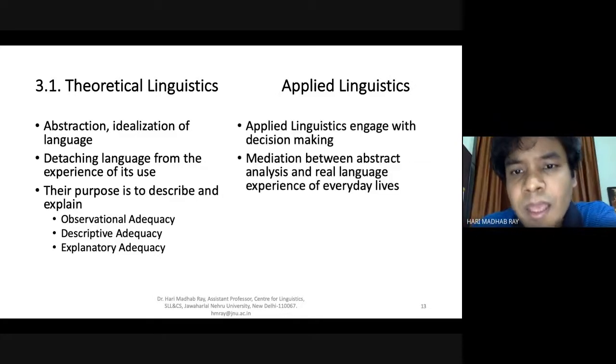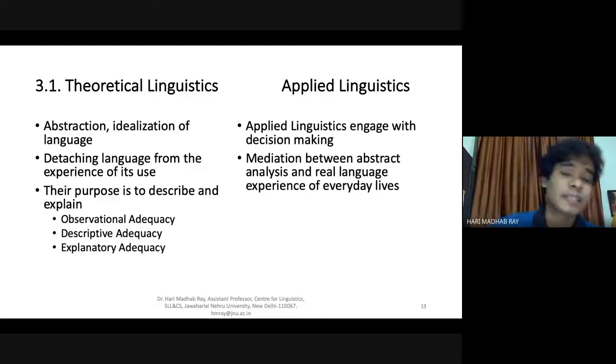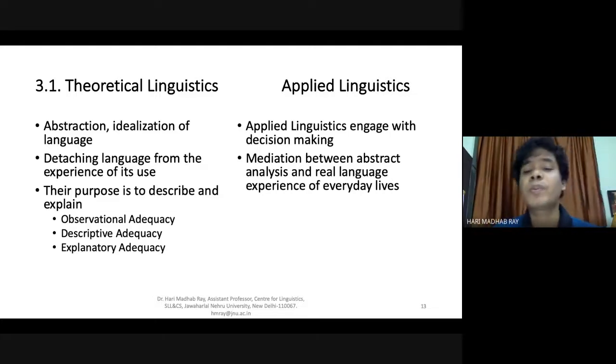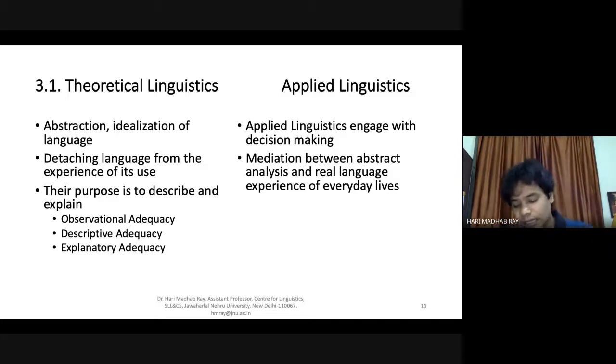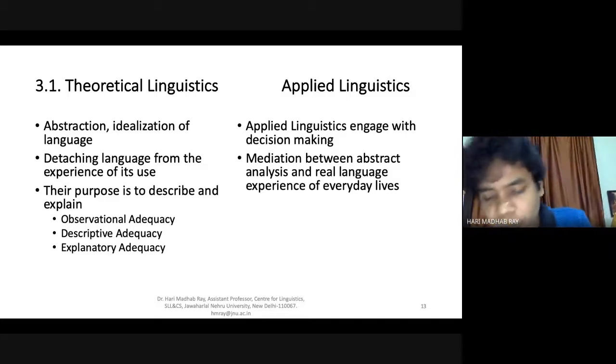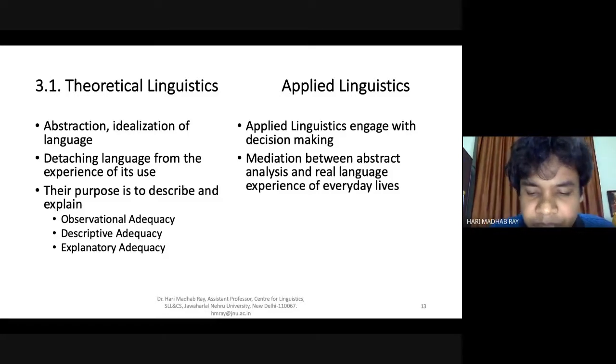Now, applied linguistics, on the other hand, engages with decision making. So the real world problem. I think I told you in the last class that you have a problem: which language should be selected as the mother tongue.